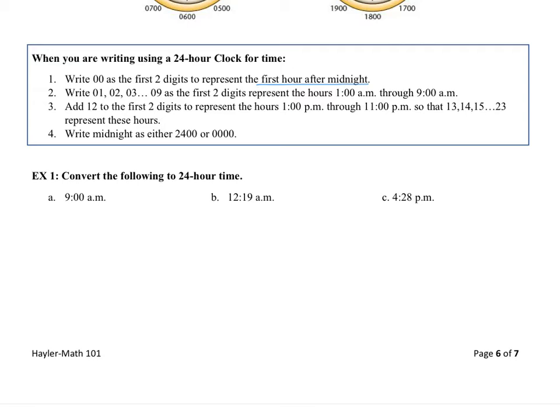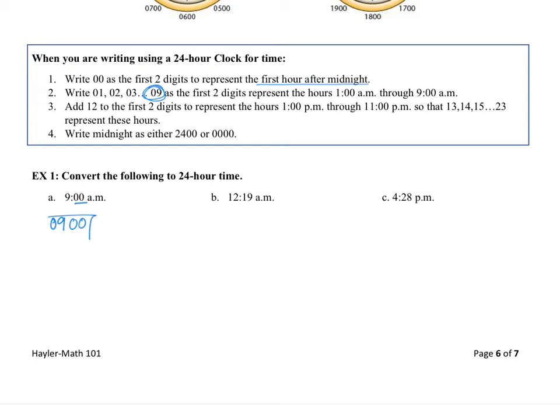All right. So we're going to convert the following to 24-hour time. Looking at A, that's an AM, so I know I'm not going to be adding 12 to the first digits. Looking at step 2, we're going to write 09. So we have 09, and then how many minutes do we have? Just 00, so 0900.